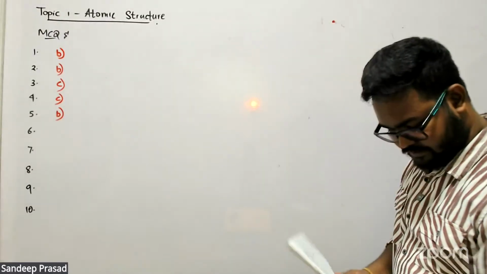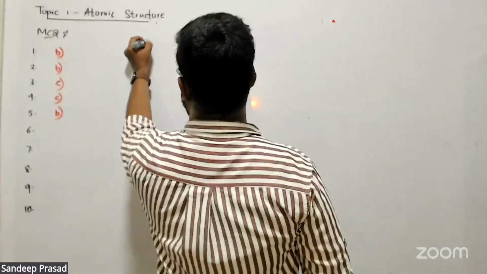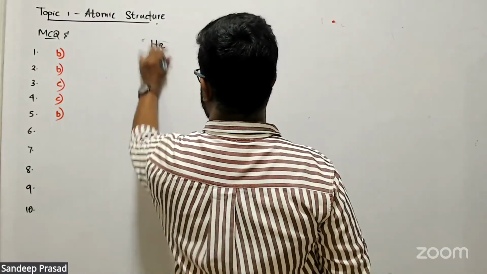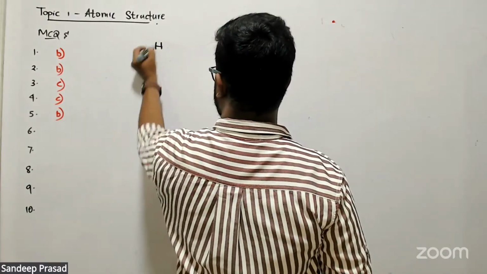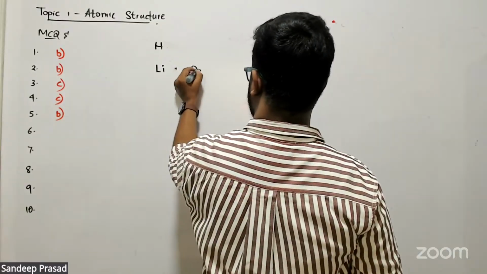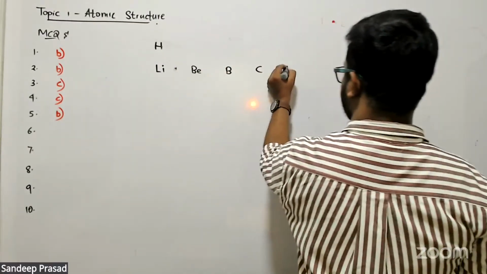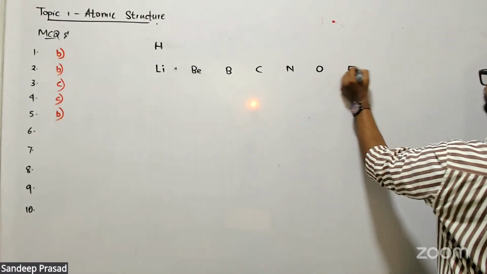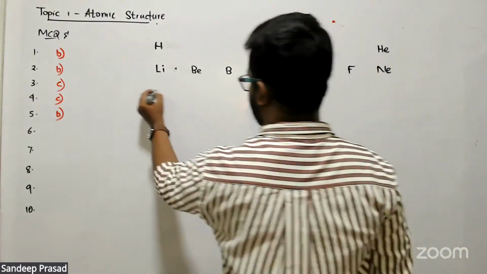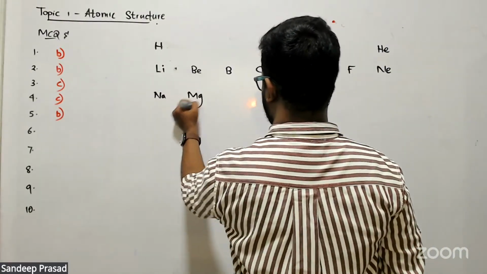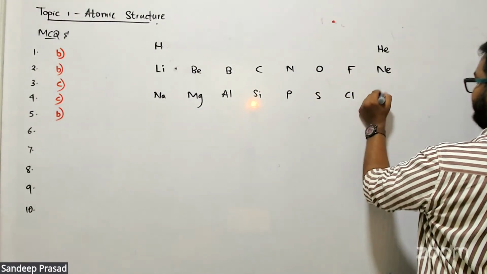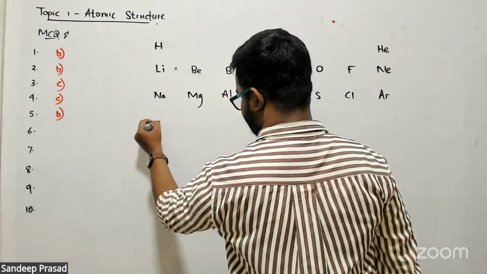When you consider the elements, look at this. We know that hydrogen, helium, sodium, magnesium, aluminium, silicon, phosphorus, sulfur, chlorine, argon, potassium, and calcium.